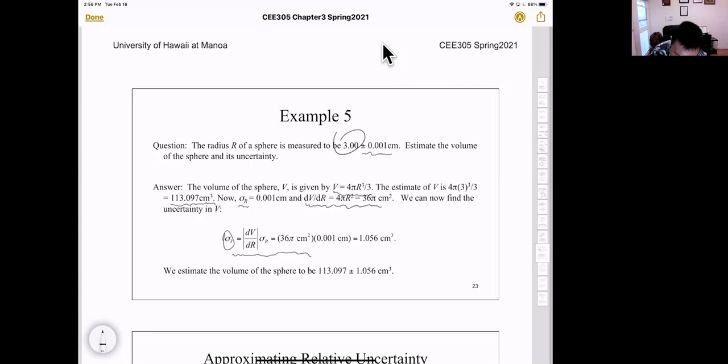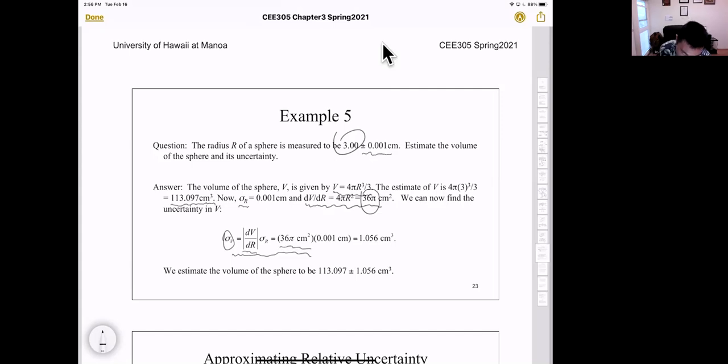We plug R equal to 3 into 4 pi R squared, so we calculate dV dr equal to 36 pi.